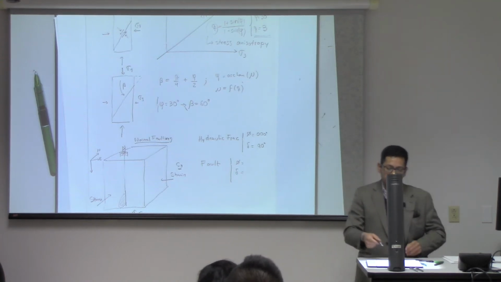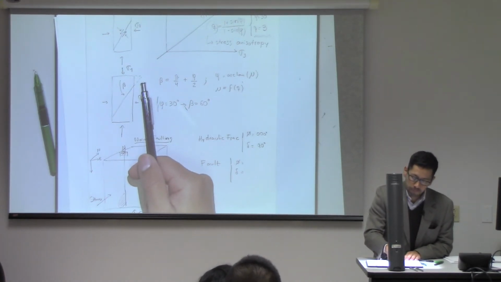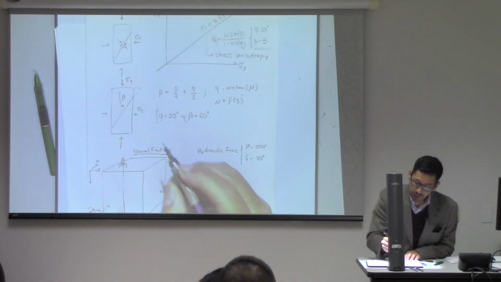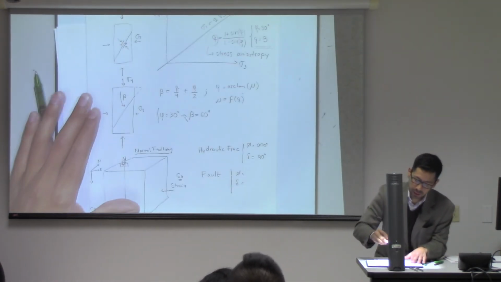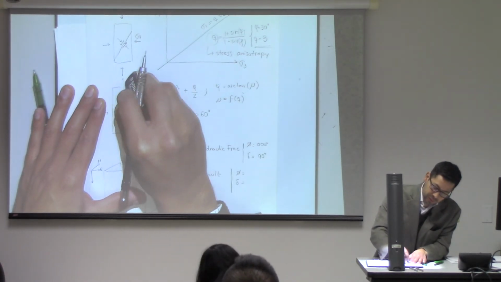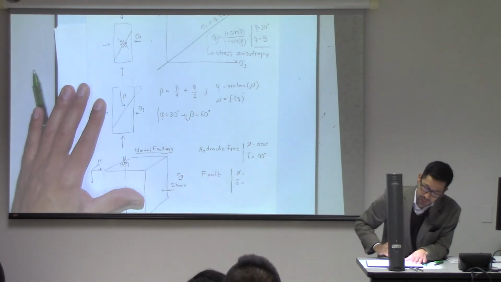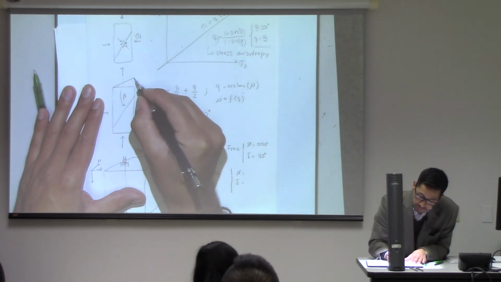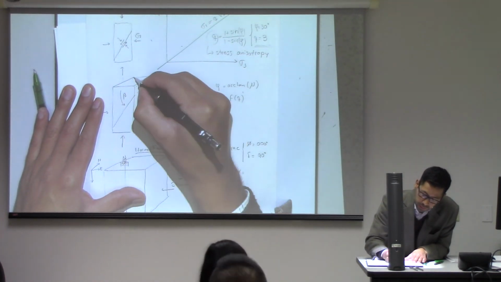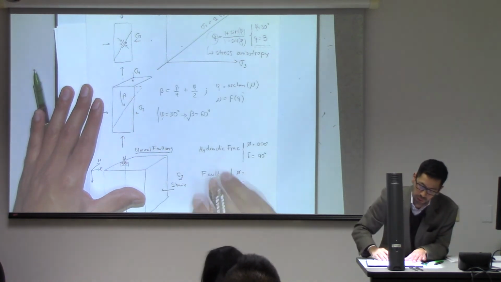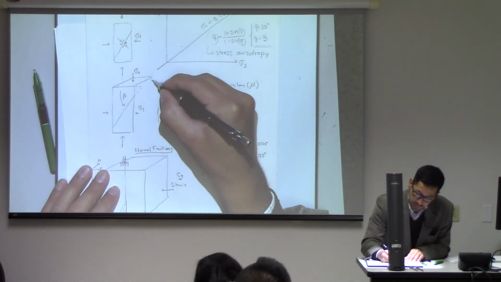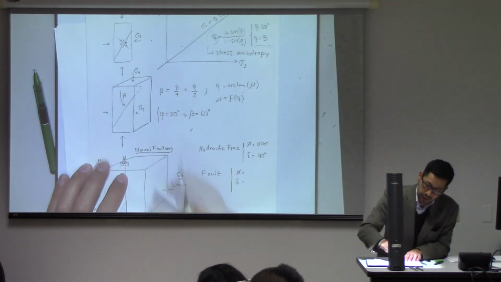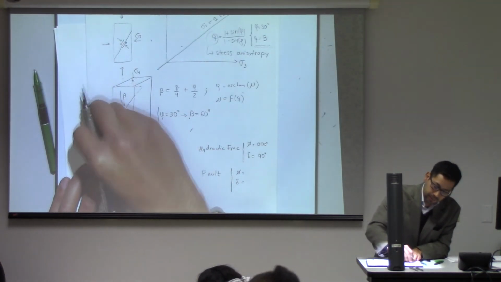My plots over here were 2D. Probably I should have done this 3D, okay? So let me fix it slightly. If now we have a 3D plot, this is going to be sigma 1, and this is still going to be sigma 3.